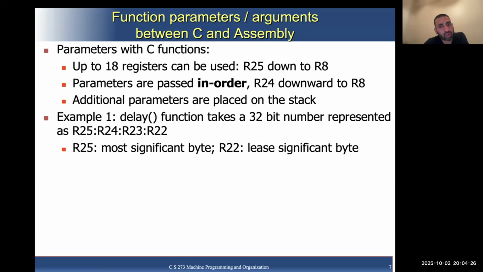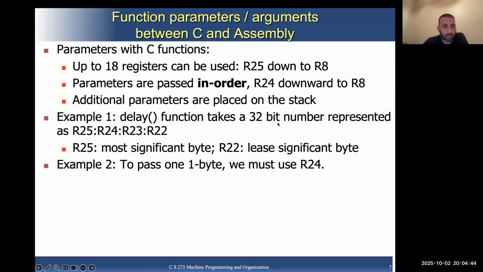So how do we pass the parameters? By using these four registers R22, R23, R24, and R25. The most significant byte we were placing in R25 and the least significant byte in R22, because this function takes a 32-bit number as a parameter.